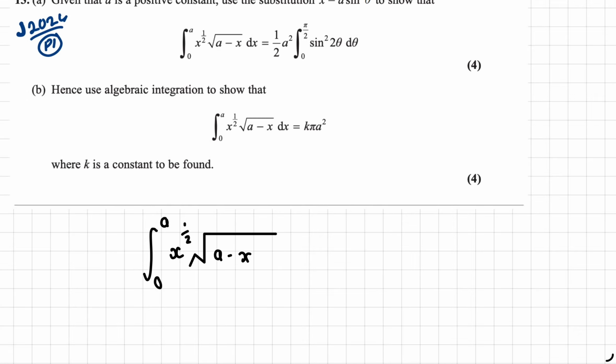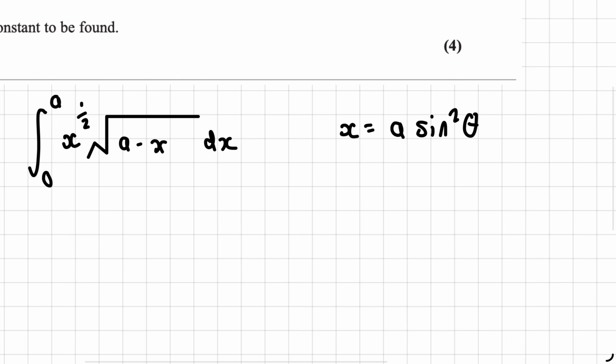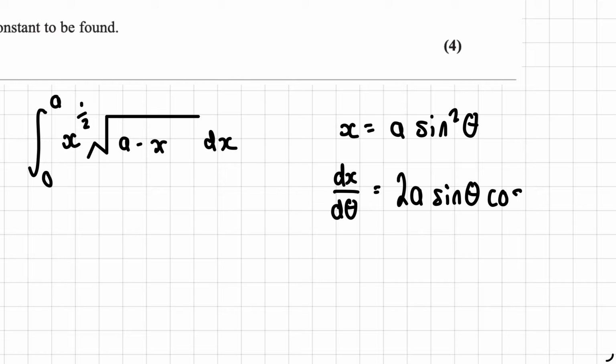A minus x dx. So we're given the substitution x equals a sine squared theta. Okay, let's look. So dx with respect to theta is going to be 2a sine theta cos theta.